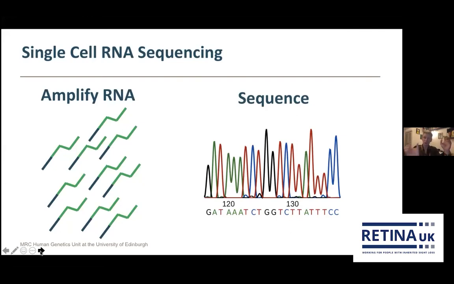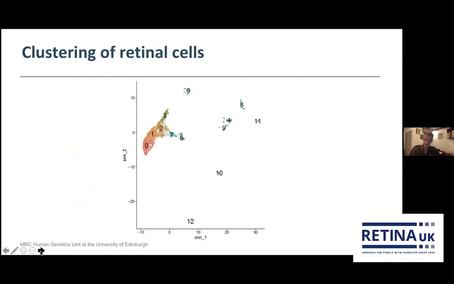And from those sequences, you know what gene has made that RNA, and therefore what protein that RNA will go on to make, and therefore you can get a good understanding of the levels of the proteins being made in every single cell, because like I say, you can then map it back to each individual cell.